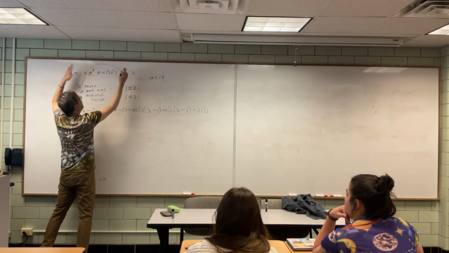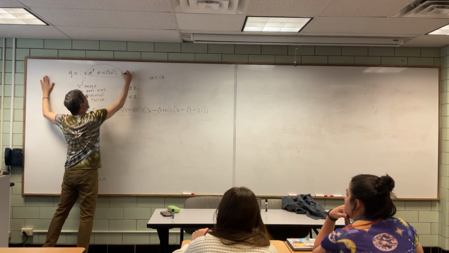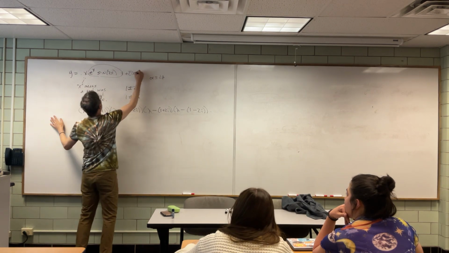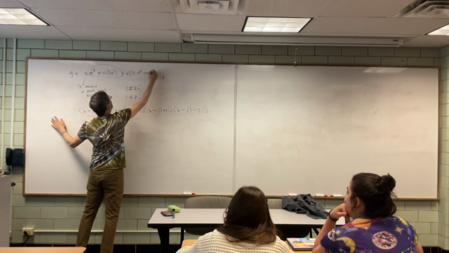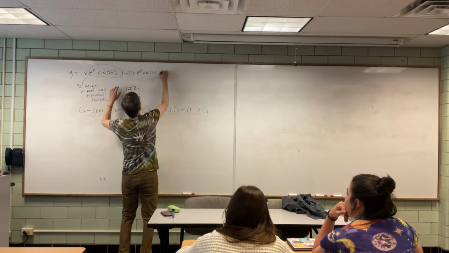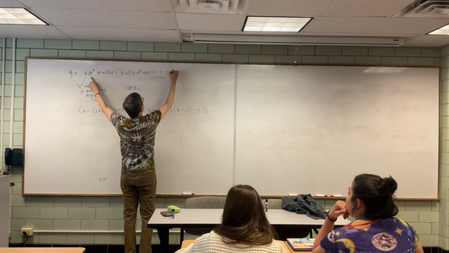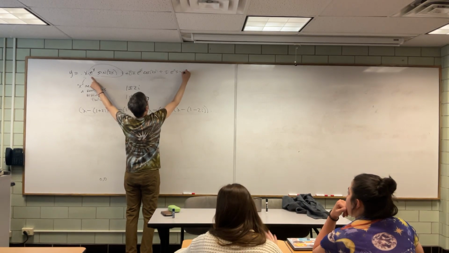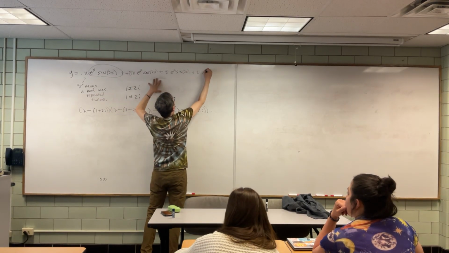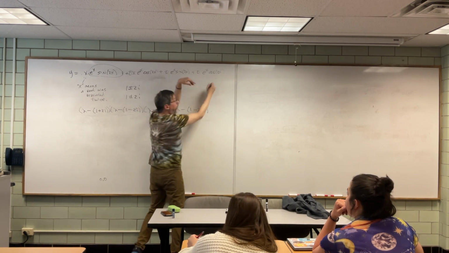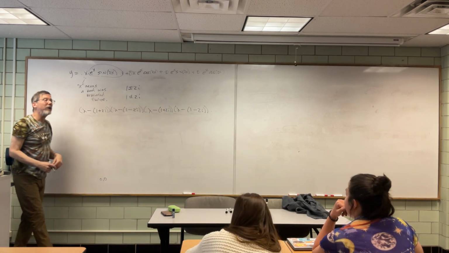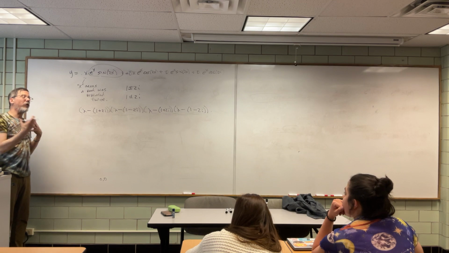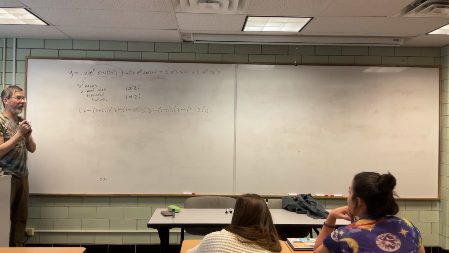And apparently there's a 0 in front of this one, and a 0 in front of this, and a 0 in front of this. We're thinking, what is the most general possibility? So, great question.